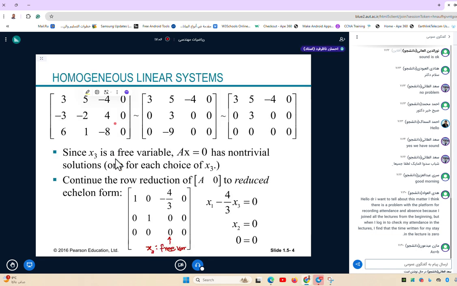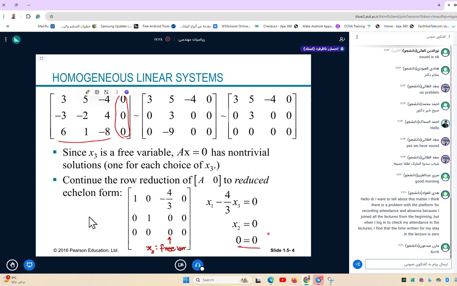These are the coefficients. If you use some row operations, yesterday we discussed it again, I'm not gonna go through that. At the end, we are left with this solution.